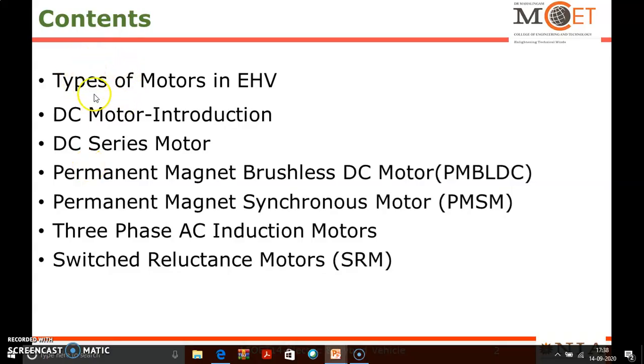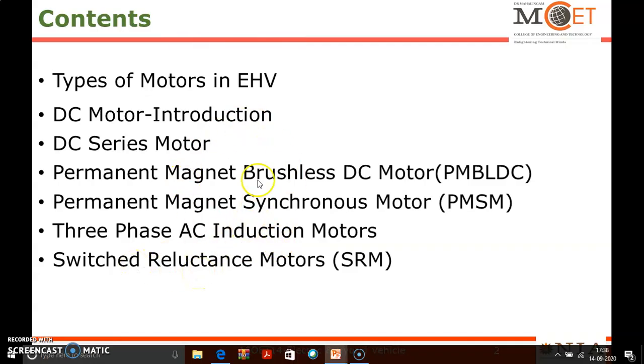We know that various types of motors are available for driving electric and hybrid vehicles. They are the DC motor, DC series motor, permanent magnet brushless DC motor, permanent magnet synchronous motor, three-phase induction motor and switched reluctance motor.